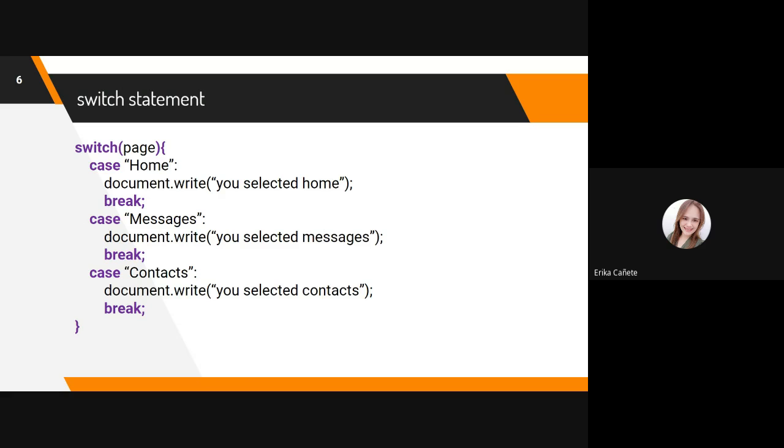Then else if the page is equivalent to about, we again use the document.write function, and it will show you selected about. And the same goes for news, login, and links.